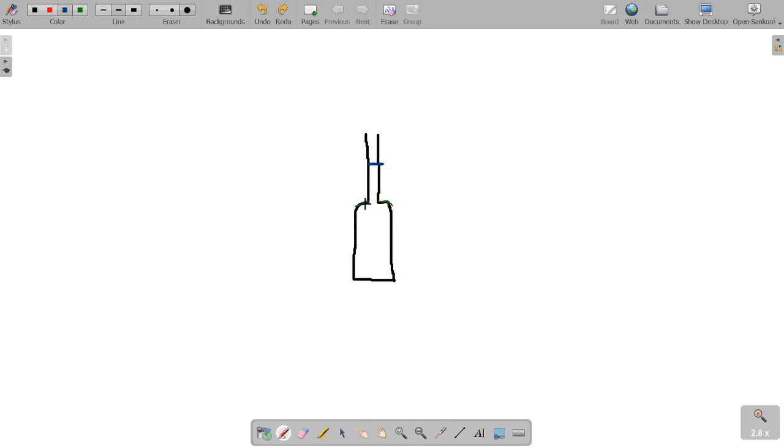Let's say at this point, with an infinitely small area, it exerts this much force due to the pressure. So the ceiling of the container will exert a force downwards in the same direction because of Newton's third law.